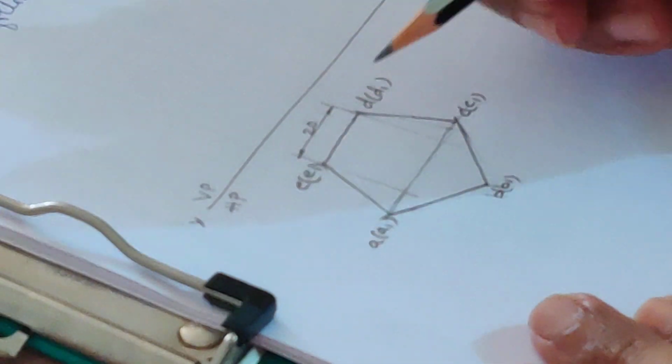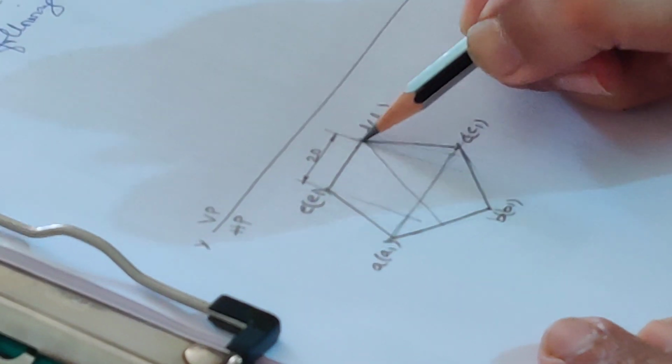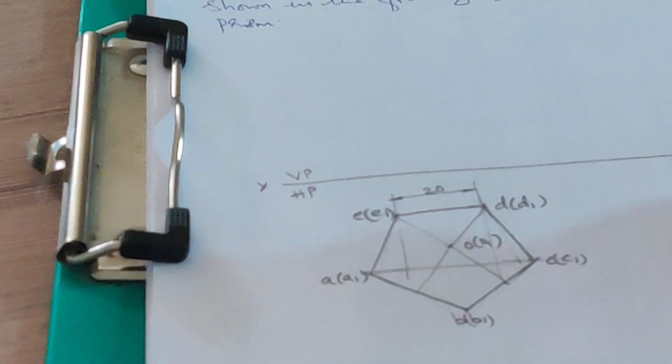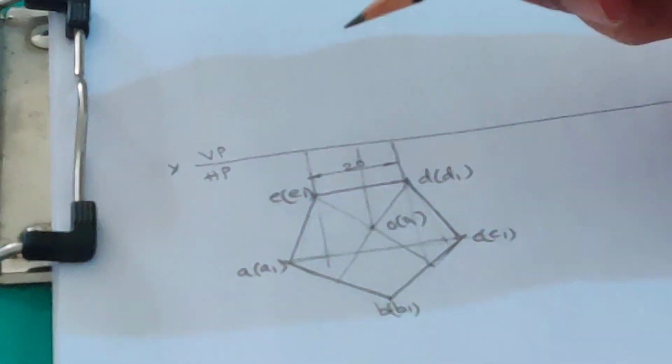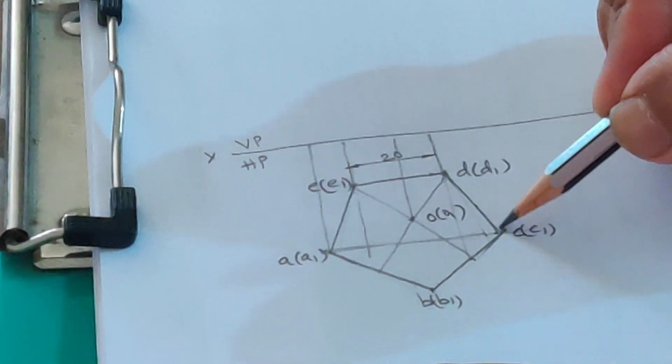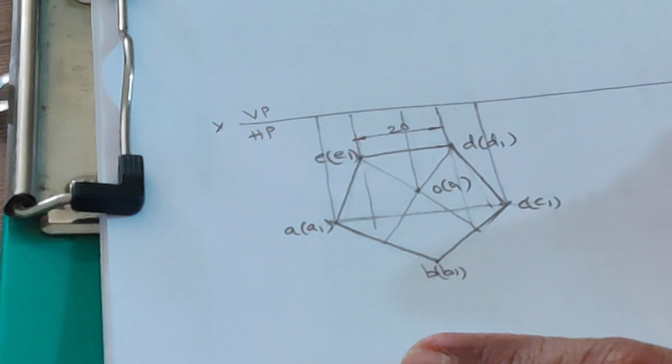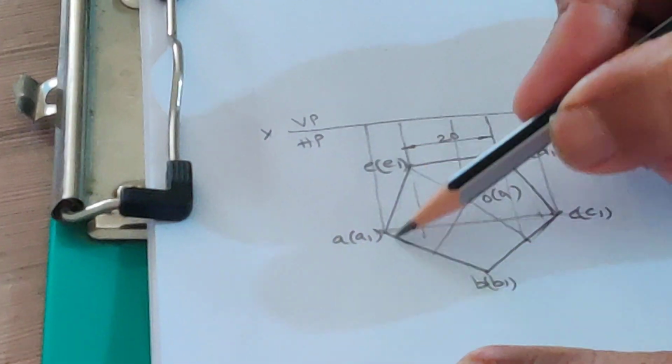Let us find the center by drawing perpendicular bisectors. So this is the center, O1. Now let us draw the front view. The height is given as 40. So double this.